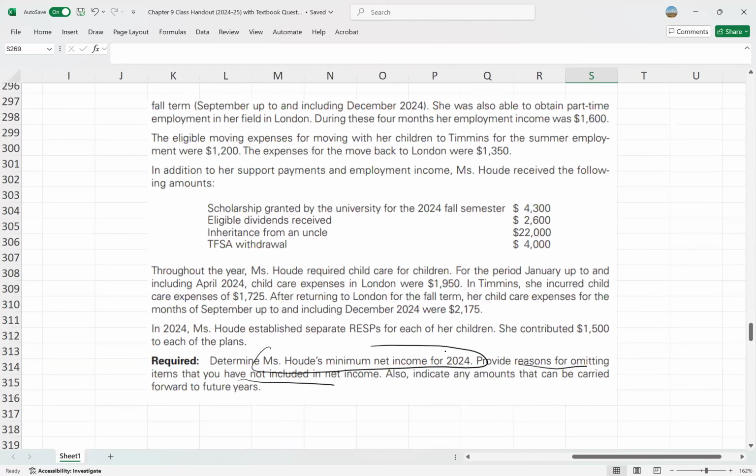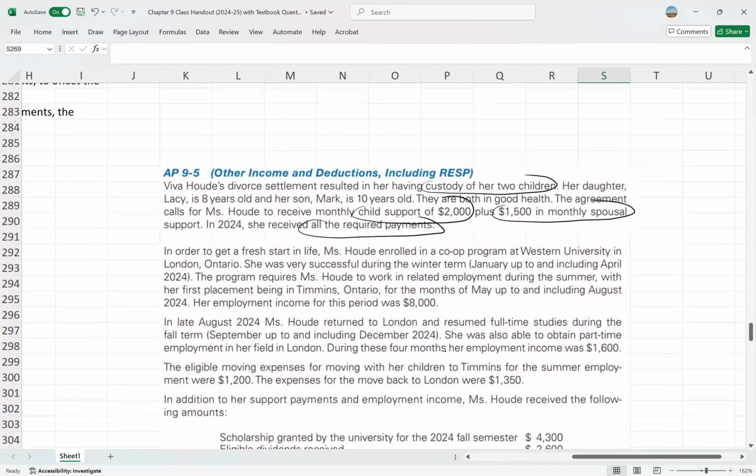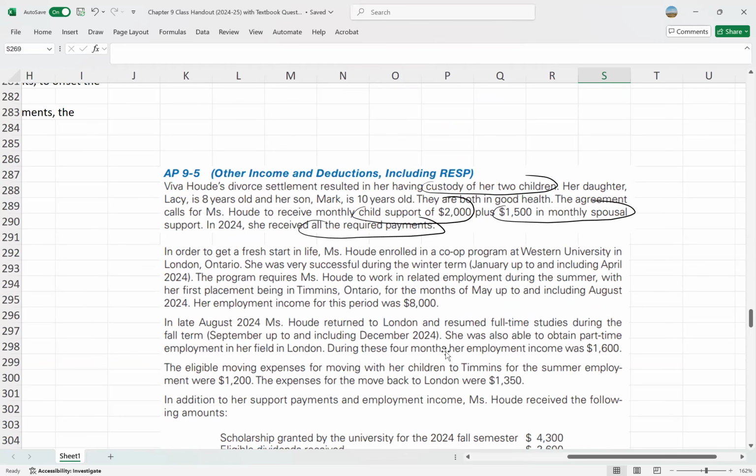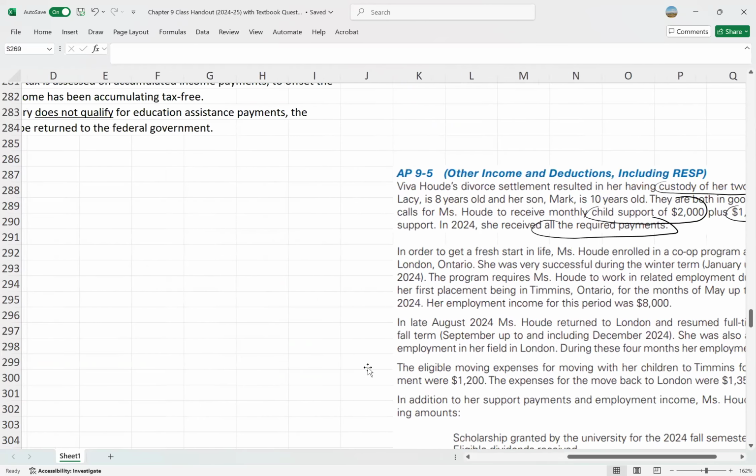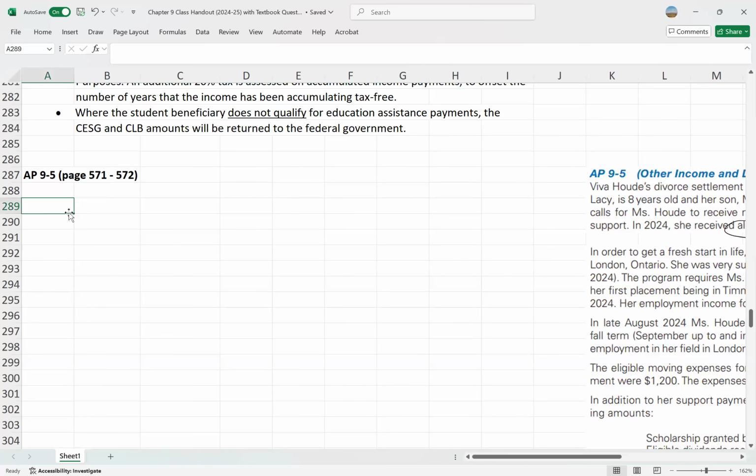So let's deal with the spousal and child support. Child support is not taxable, but spousal support is if she receives it. She's getting $2,000 a month in child support and $1,500 a month in spousal. We want to calculate her net income for tax purposes, and we know that in 3A, she's going to have to include spousal support.